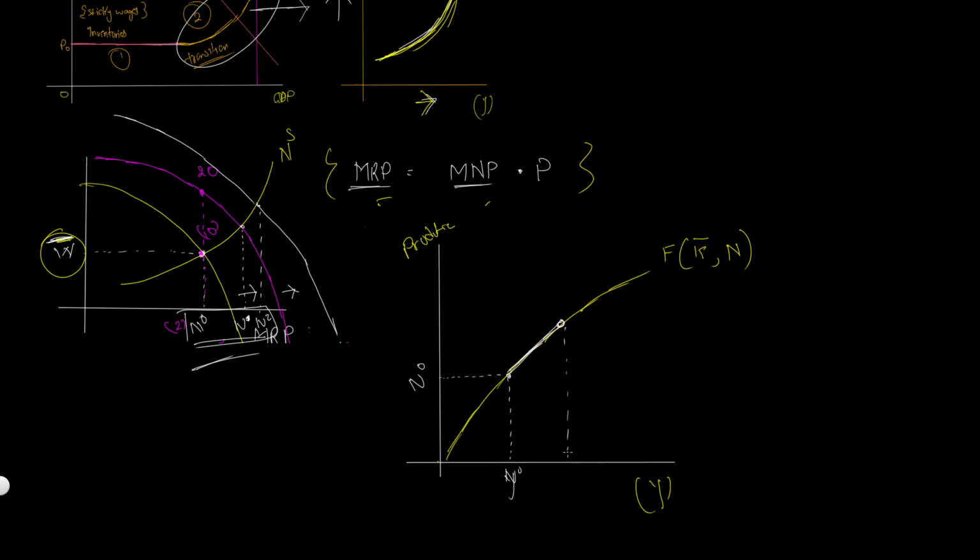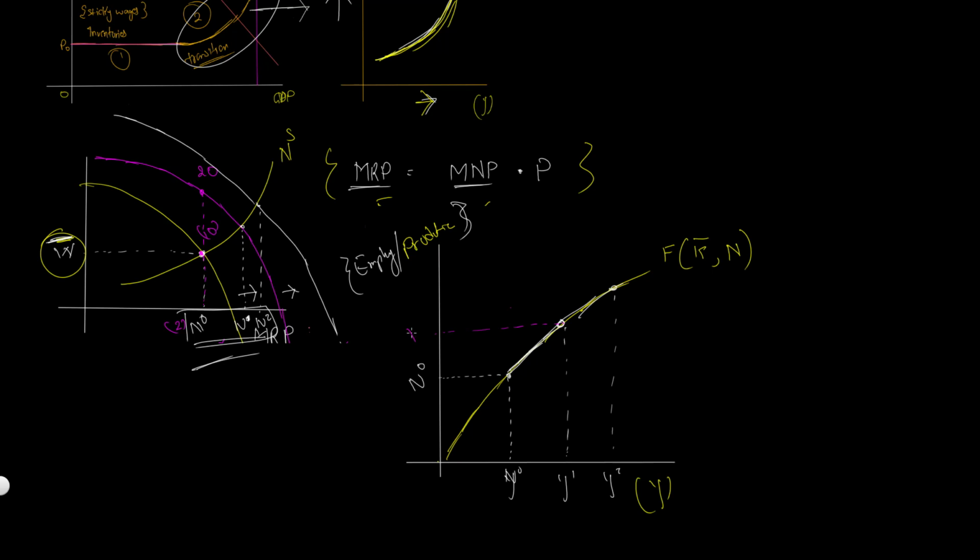As the employment increases, our GDP in the economy, or the total output in the economy, would also increase. You can either have employment or production on the y-axis. Both of them essentially have the same meaning because they have a direct relationship with each other, so it should not be a problem.